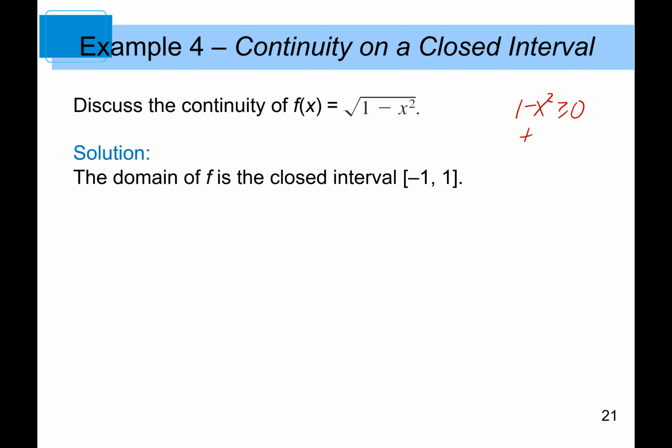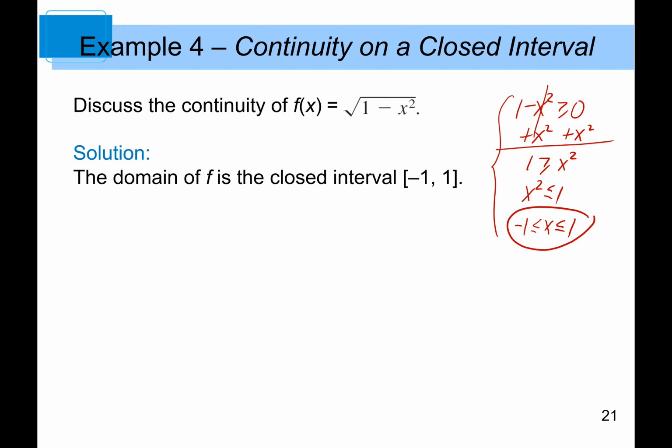Then adding x squared to both sides, we cancel that, so we have 1 greater than or equal to x squared. That means x squared is less than or equal to 1. In that case, x must be greater than or equal to -1 and less than or equal to 1. You're solving an inequality to find the solution, the domain.